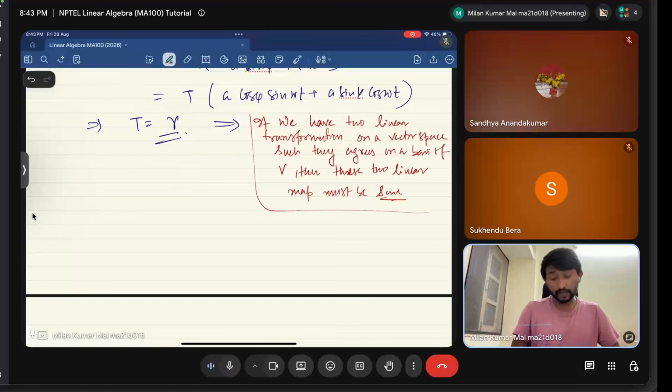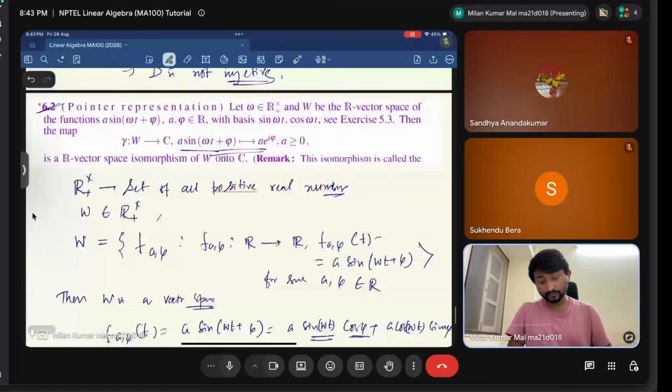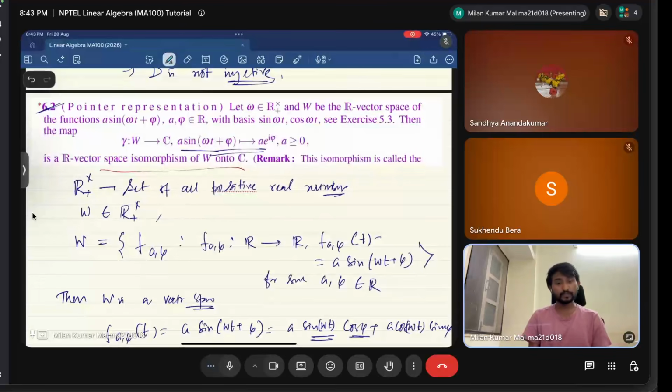So what is the question? Let's get back to the question. The question is that you want to see this is an isomorphism. That's true, because T is an isomorphism, because T maps a basis to a basis. And gamma and T are the same linear transformation. So as T is an isomorphism, gamma is an isomorphism, because they're the same. It is an R-vector space isomorphism.